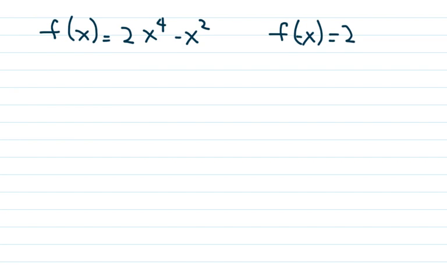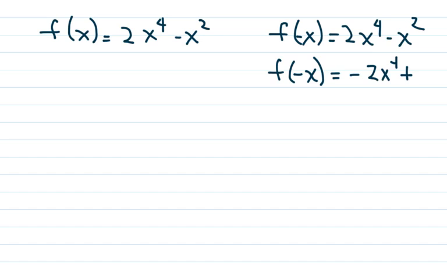F of negative x should equal 2x to the 4th minus x squared. If it's odd, then you negate the whole function and your answer should be negative 2x to the 4th plus x squared. Basically all you're doing is negating the function. So I'm taking my original function and negating it.